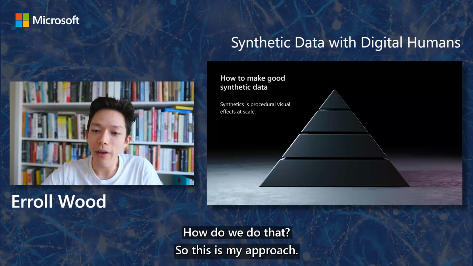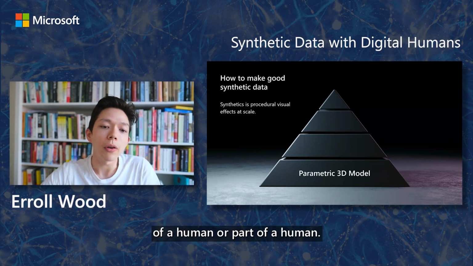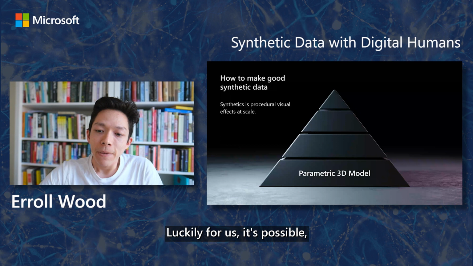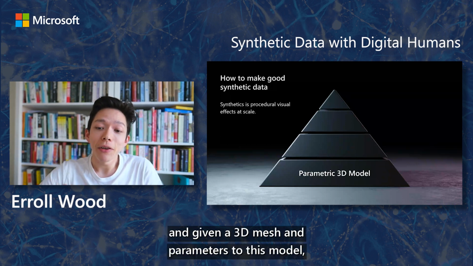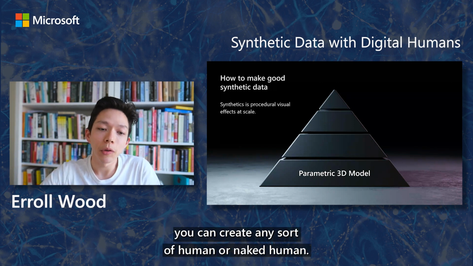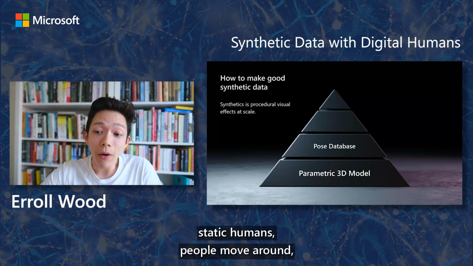And so how do we do that? This is my approach. First of all, it starts with a super good parametric 3D model of a human or part of a human. Luckily for us, it's possible, I think, to parameterize human beings and, given a 3D mesh and parameters to this model, you can create any sort of human or naked human. Now, it's not enough to generate static humans, people move around.